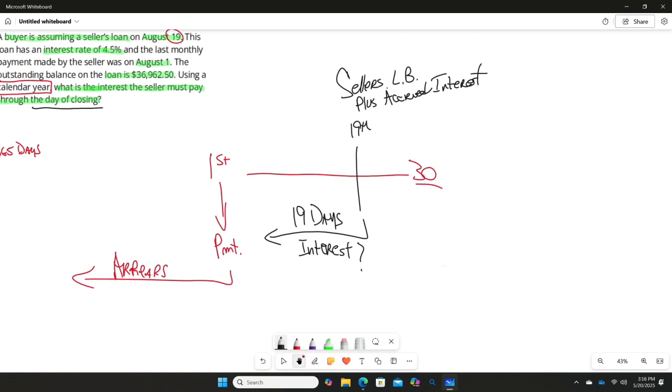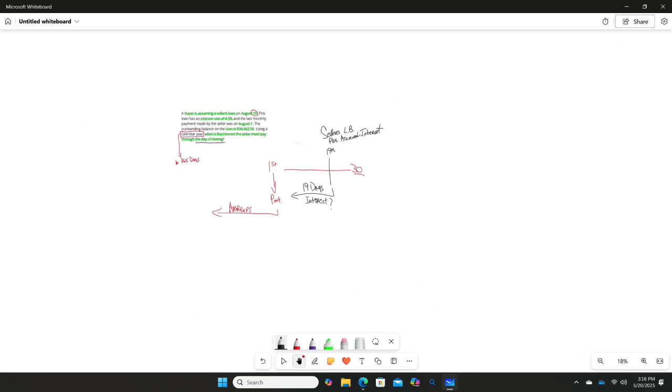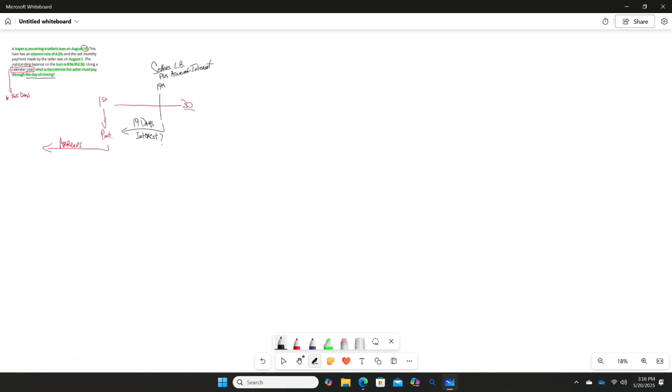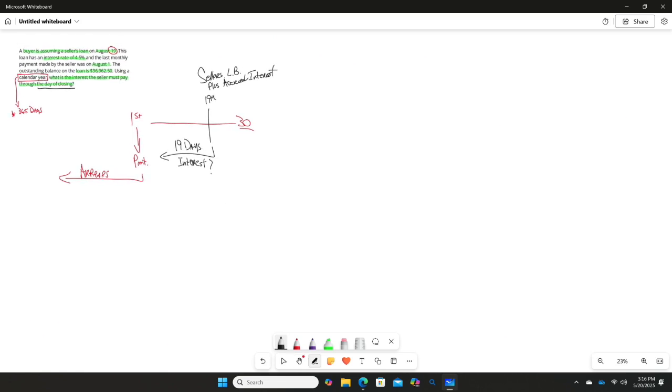Now, to figure this, we're really just doing some T problems here. I'm going to move this over here and make it a little bit bigger. So we're just doing a couple of T problems. And the first T problem, remember, you always want to put your math symbols on your T. We have total at the bottom, part at the top, and the rate or percentage.